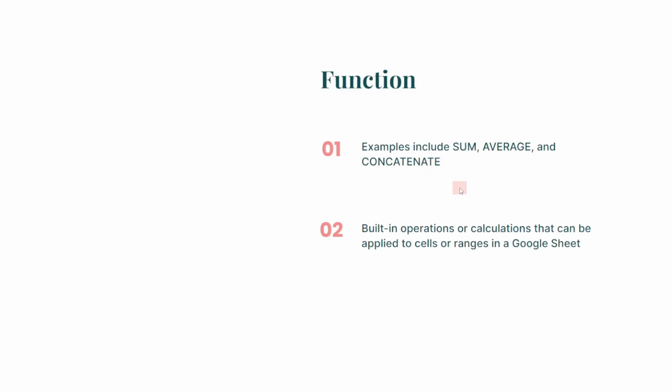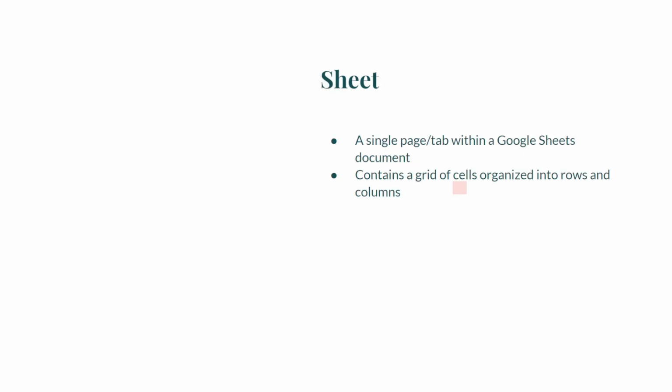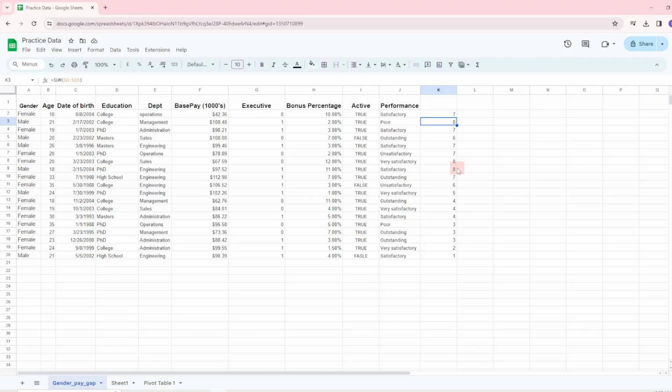They are already built in, and they help in calculations or are used for inputting formulas. And what's a sheet? As you know, it's a single tab or page within a Google Sheets document. It contains a grid of cells organized into rows and columns. As we can see here, all of this is a sheet, a grouping of rows and columns.